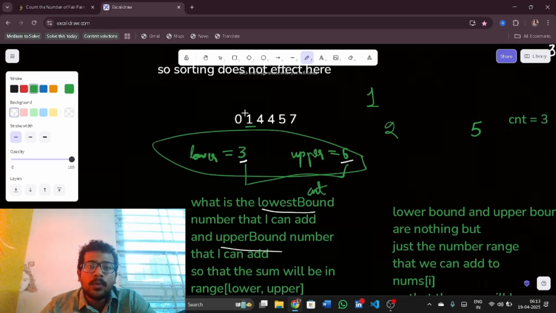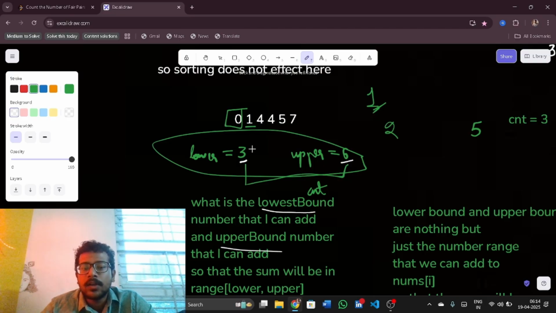Do I have a 2 before my 1? Do I have it? No. Why? Because 2 is always greater than 1. If you remember, lower is 3 and upper is 6. The difference of 1 will always be greater than 1 when lower is greater than 1.